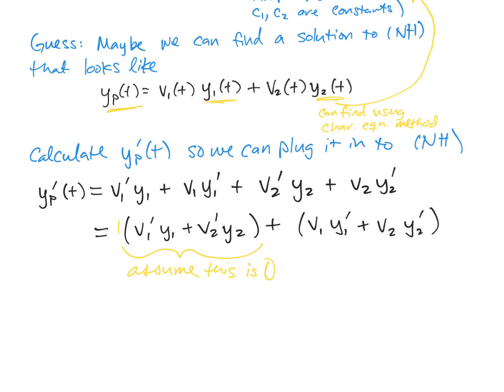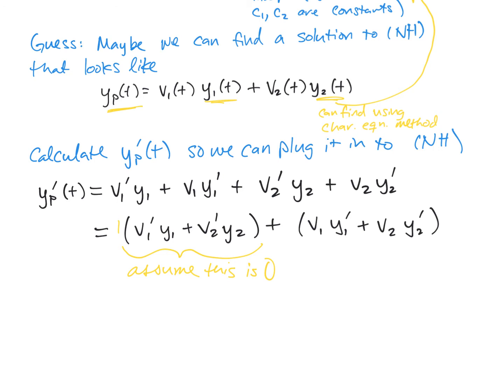Because, as we learned in the last section, in order to get a general solution to the non-homogeneous equation, you need C1 y1 plus C2 y2 plus yp, any yp, just one. If you can just find one particular solution, then you can get the whole family of infinitely many solutions. So it doesn't matter which yp we find, we just need to get one.